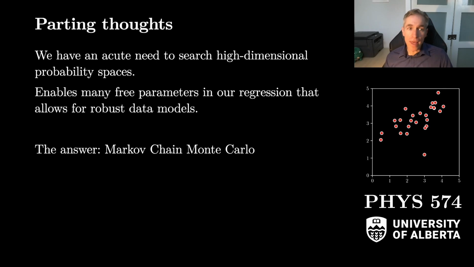If we could do that, we would be able to throw in lots and lots of free parameters that we can integrate over as nuisance parameters in our regression. And that would allow us to build really rich data models. But unfortunately, we really can't do that with this grid tabulation approach. We grow quickly beyond what we can do there.